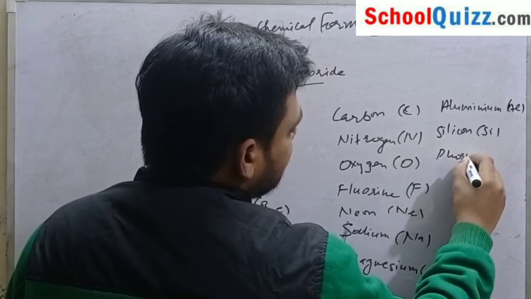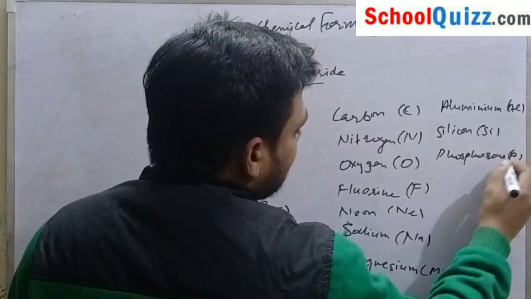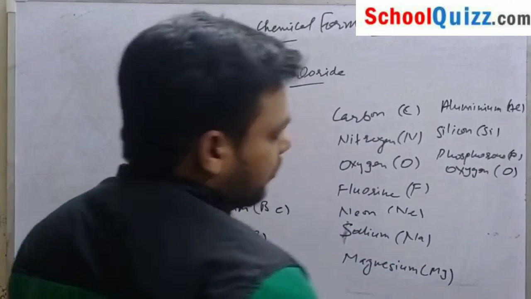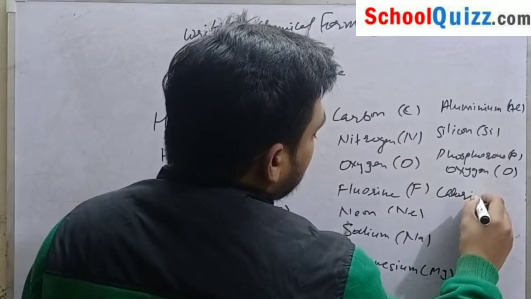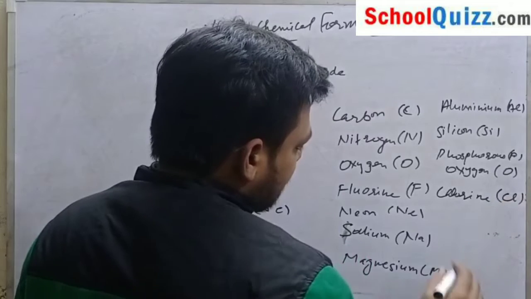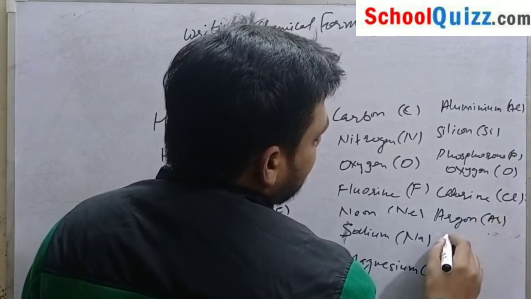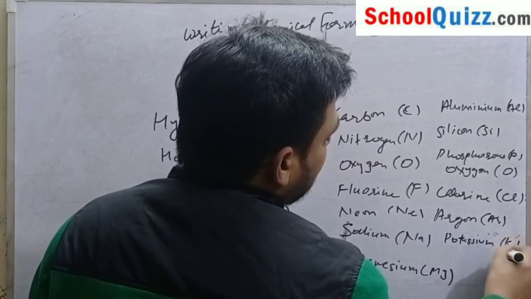Next is phosphorus, P. Next is chlorine, that is Cl. Argon, that is Ar. Next one is potassium, that is K.